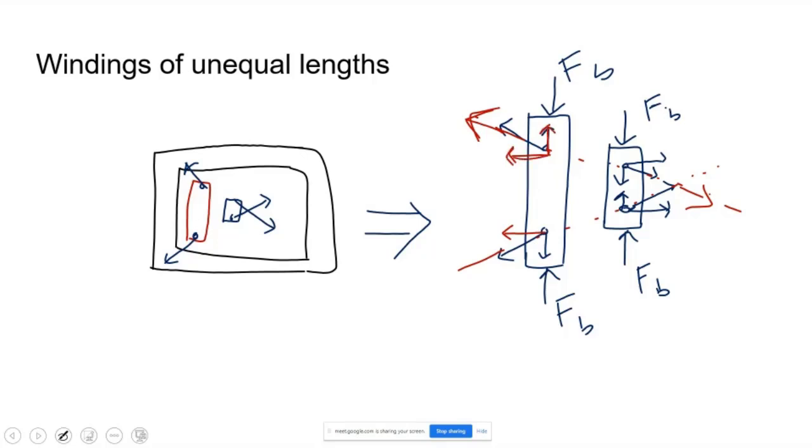That means the external force can be divided into two components. One is the radial component, that can be said as FR, and here FR. So the external forces can be divided into radial components and axial components also.